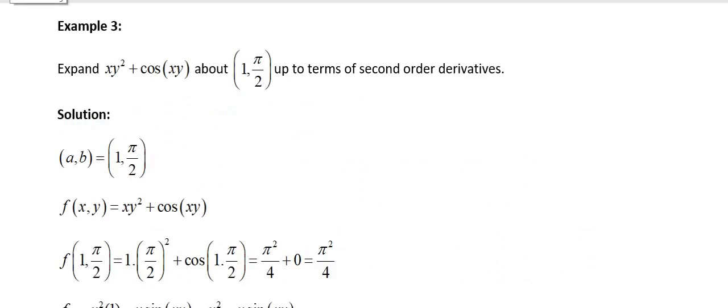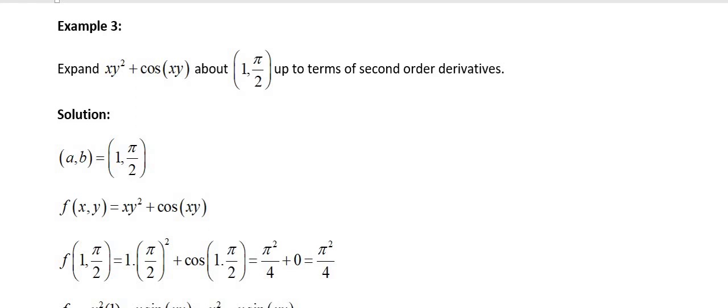Next, example 3. Expand xy square plus cos of xy about 1 comma pi by 2 up to terms of second order derivatives. Here also it is enough to find the partial derivatives fx, fy, fxx, fxy, fyy.